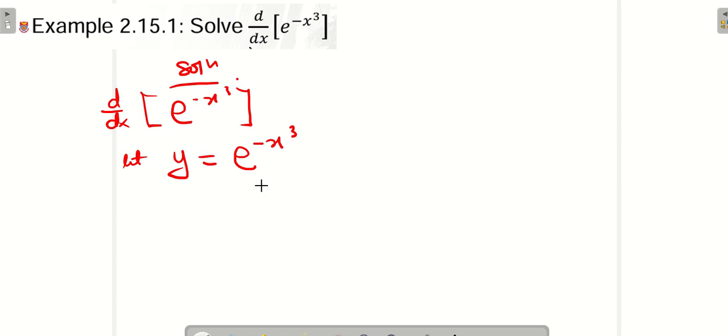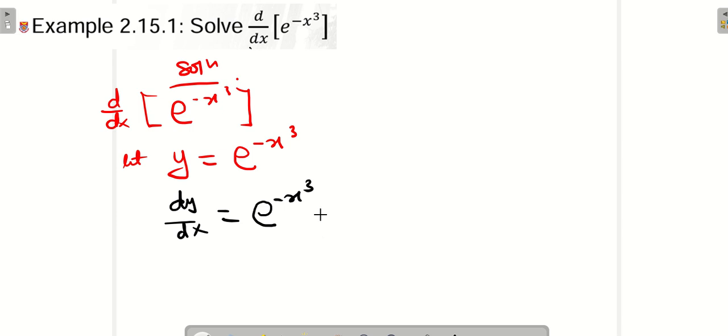Now we need to differentiate. To differentiate this expression, the rule says that dy dx is equal to, anytime you have an exponential function and you are differentiating, when you differentiate an exponential function, you will get the same exponential function, e to the power negative x cubed.